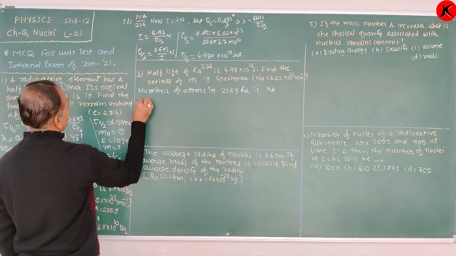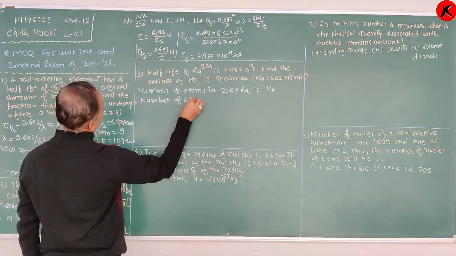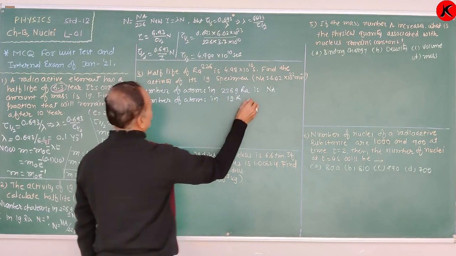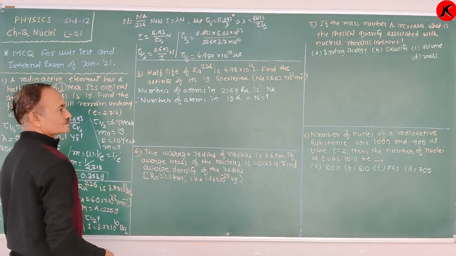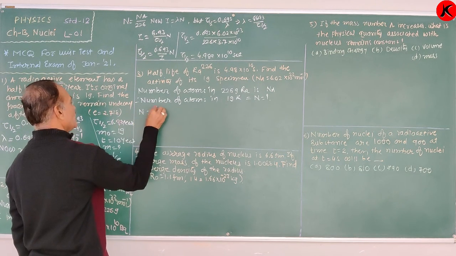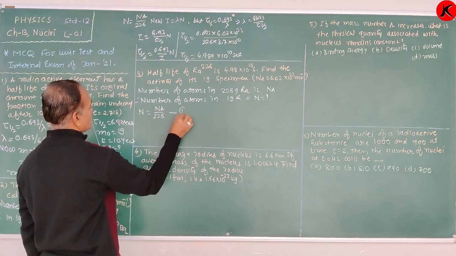Therefore, number of atoms in 1 gram radium is equal to N. We have to find out N. Therefore, N is equal to Na upon 226. That is our equation.